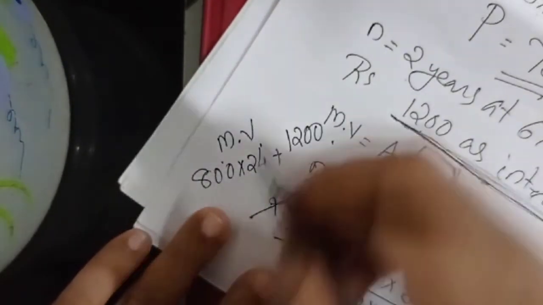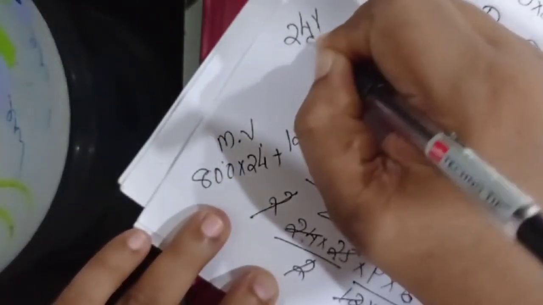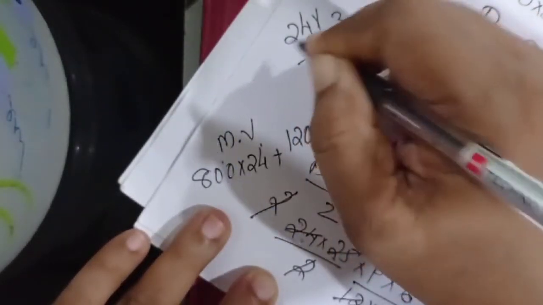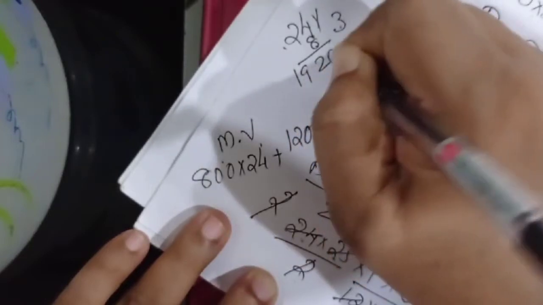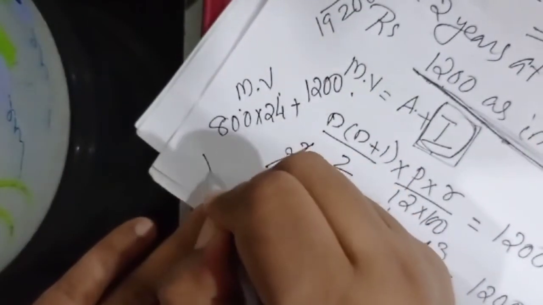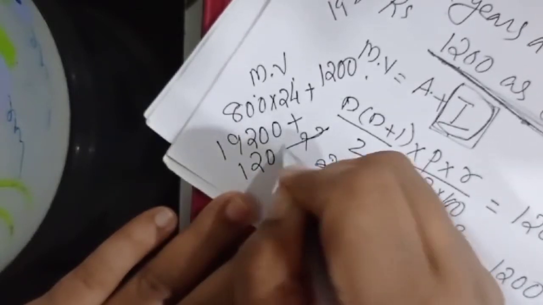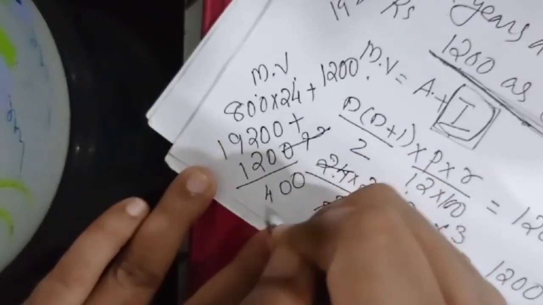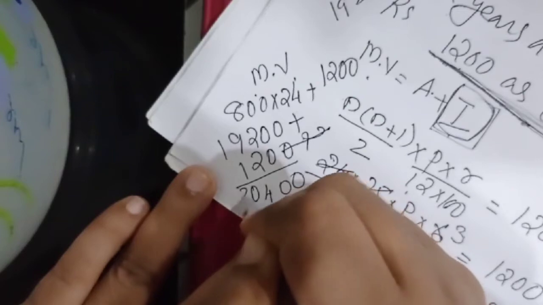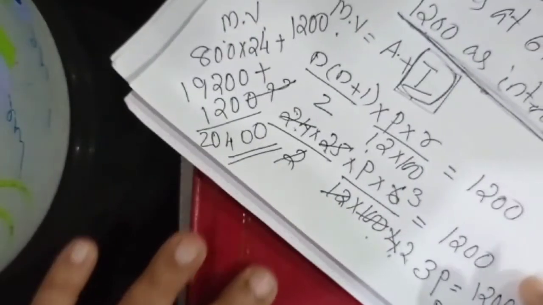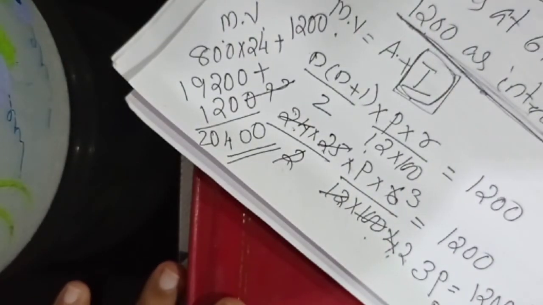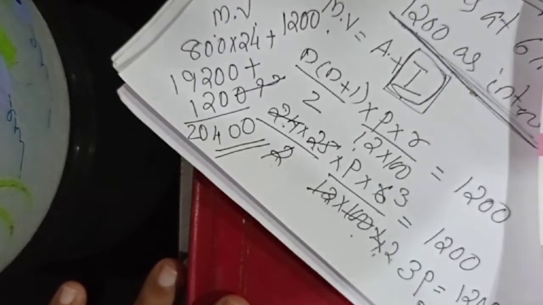What is 24 into 8? Check that answer. 19200 plus 1200 is 20400. Check the answer. 20400.